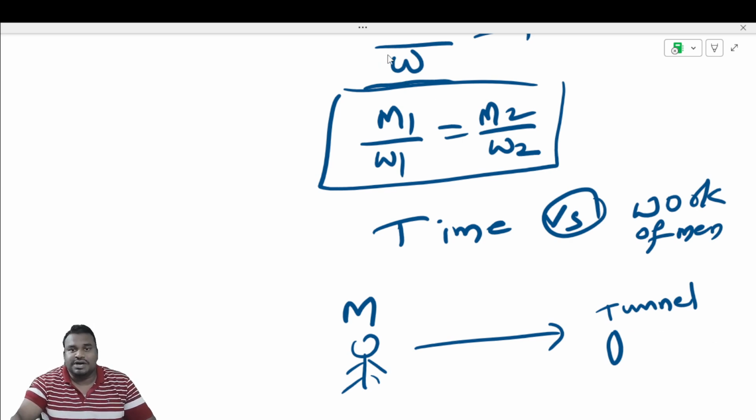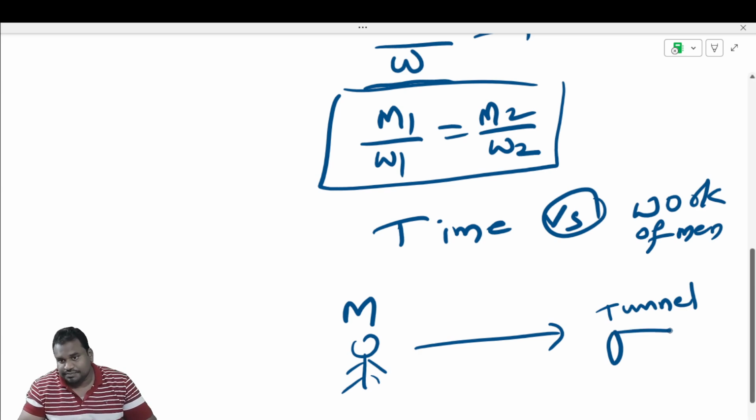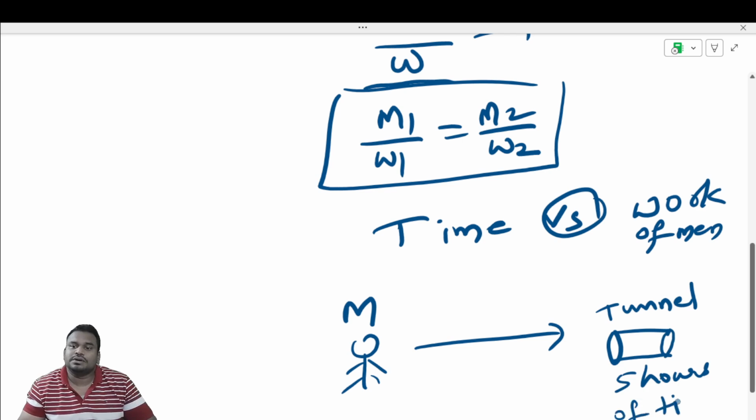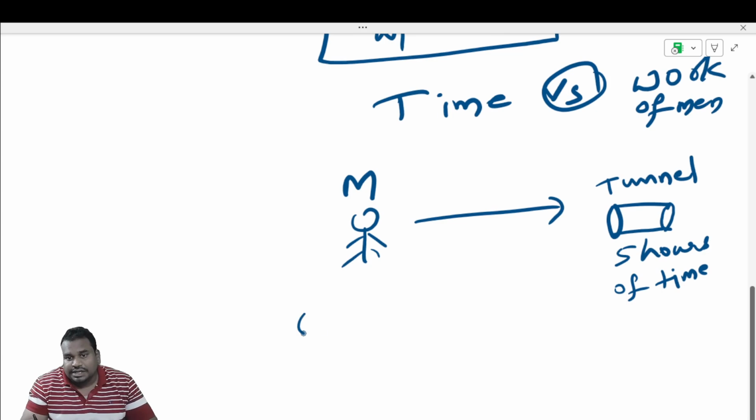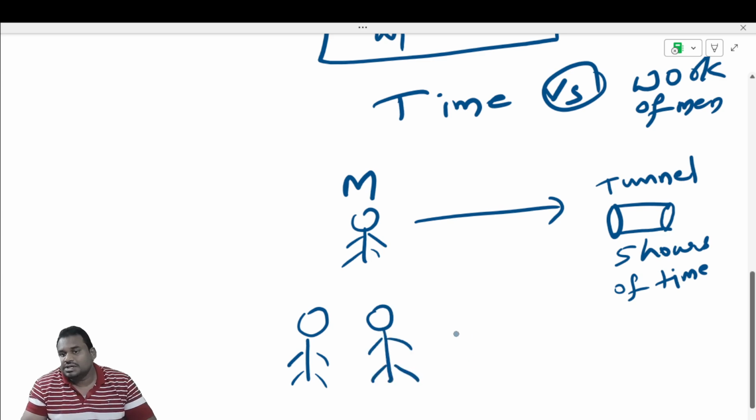If he is taking 5 hours to dig this tunnel, now I will introduce another person of the same efficiency. I'm not saying different efficiency.